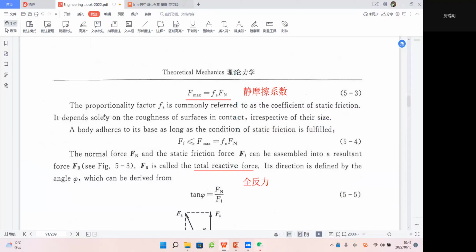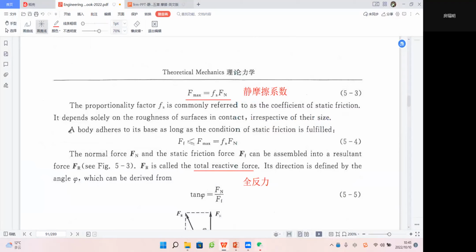It depends solely on, so please, you guys, you must know that, this Fs depends solely on the roughness of the surfaces in contact, irrespective of their size.